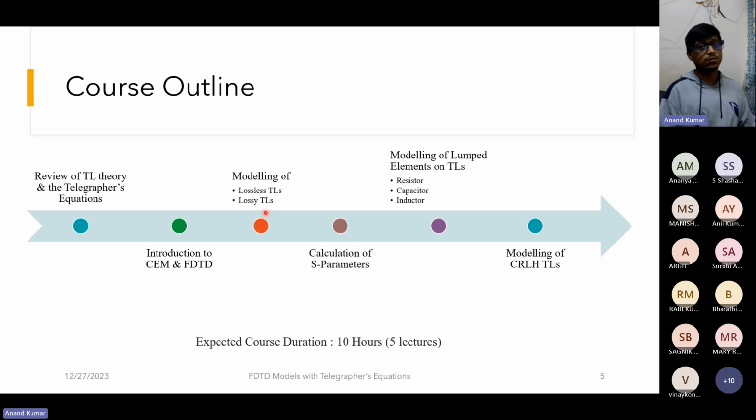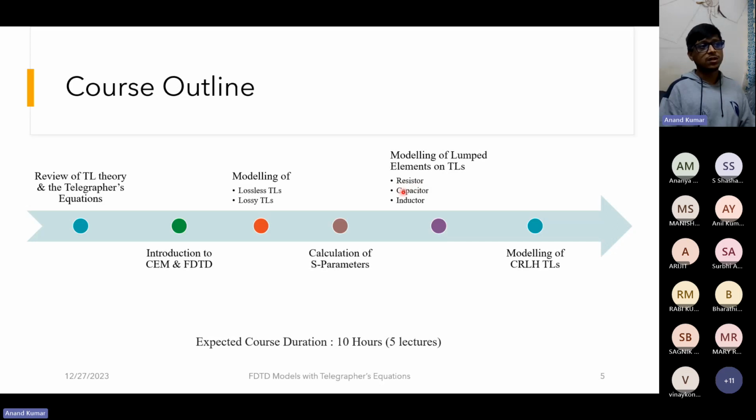Just a heads up, we'll be using MATLAB. If you know a bit about coding, you can translate your MATLAB codes to Python, C, or whatever language you prefer. The algorithm will remain the same. It's just that I find MATLAB very convenient. Once we have modeled lossy and lossless transmission lines, we'll see how to calculate the S parameters in this scenario, and then how we model lumped components on transmission lines.